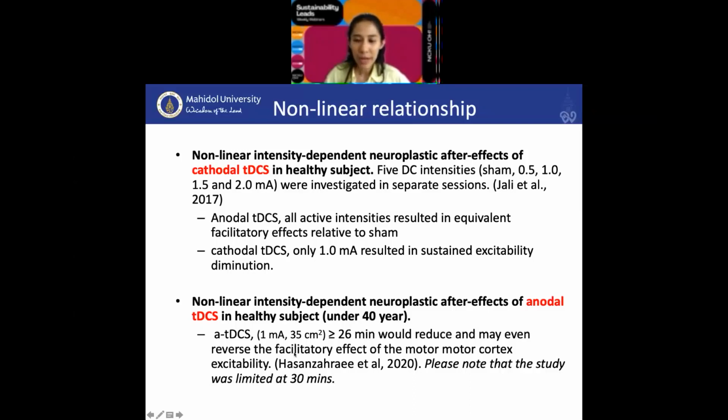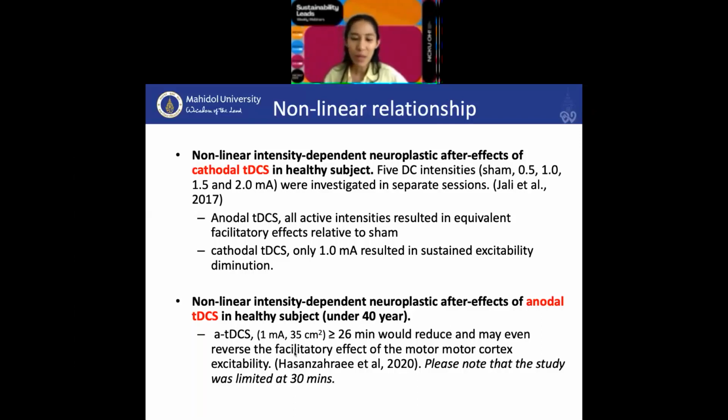They also found that at 26 minutes of anode tDCS, only 1 milliampere, at first you induce a positive effect, but you may have a reverse effect for the after effect.